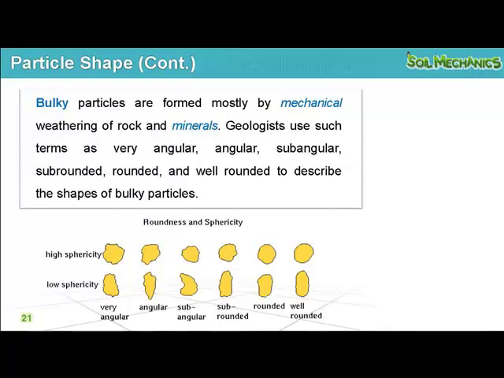A shape like this we call sub-angular, and this sub-rounded, and here is round. And for sphericity, high sphericity is round, and low sphericity like this, and well rounded.